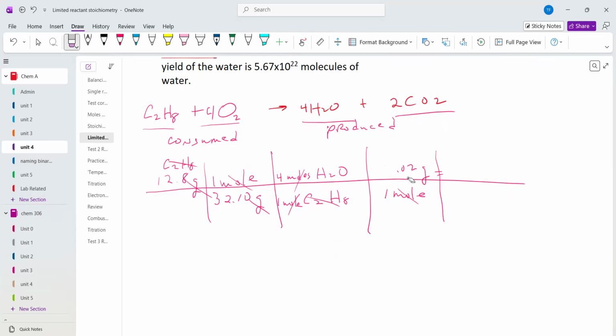When I use the molar mass of water, we're looking at grams, but we're looking at how many molecules. Okay, now we're at molecules, not grams.